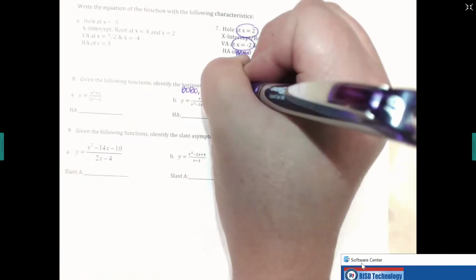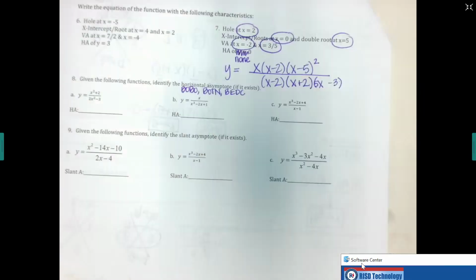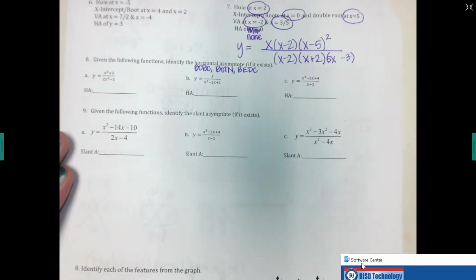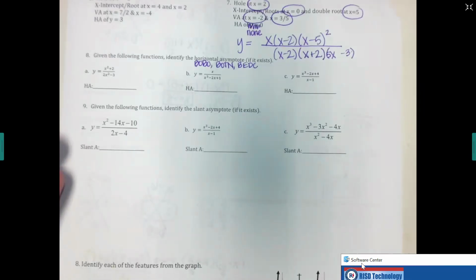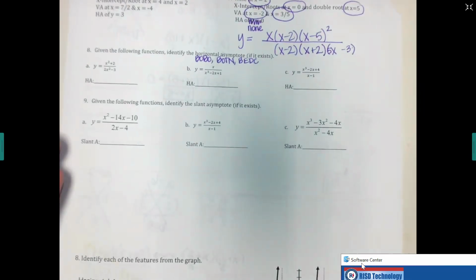Okay, and then the last thing that we learned how to find last class was a slant asymptote. Remember, you're only going to have a slant if the top is 1 bigger than the bottom. So it has to be a Botan, and it has to be a Botan by exactly 1. So looking at, let's say, letter B, is that a Botan? Yes or no?